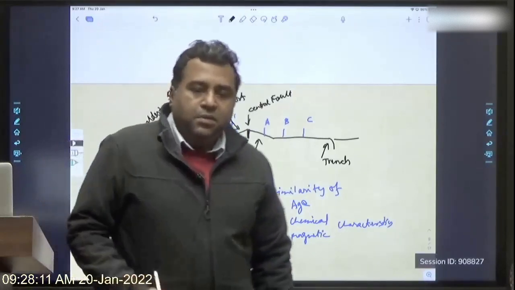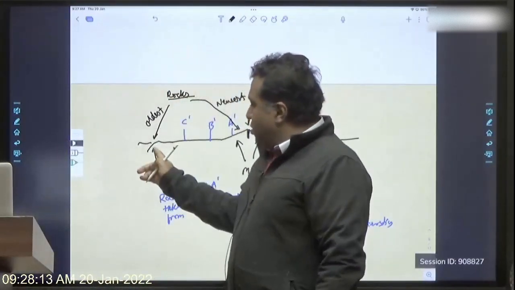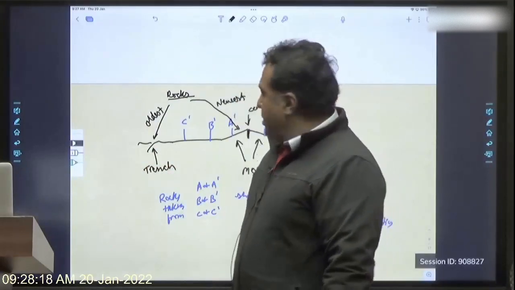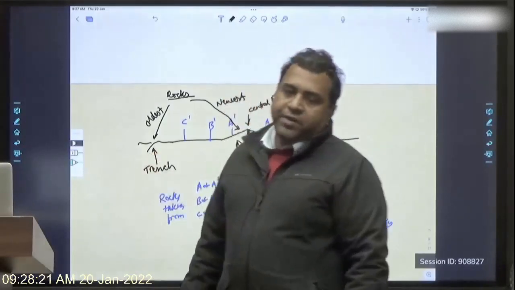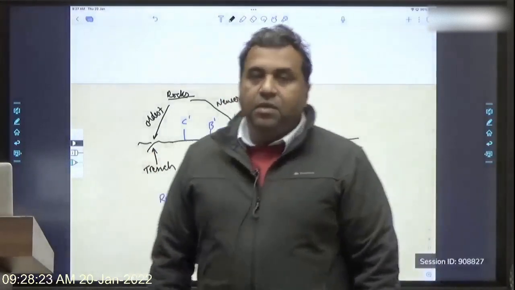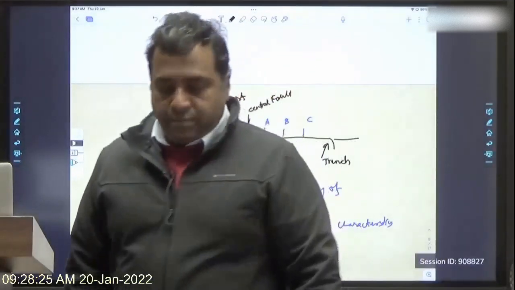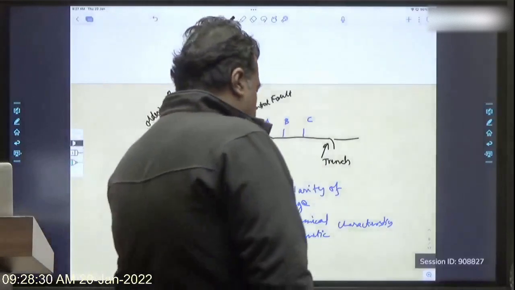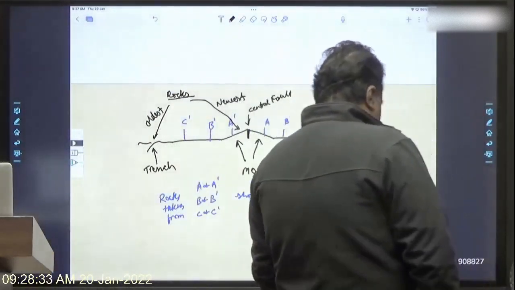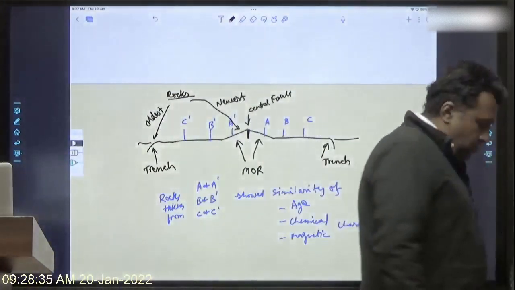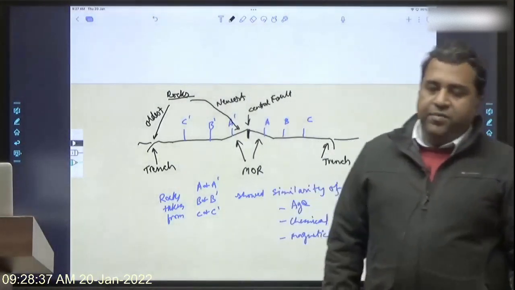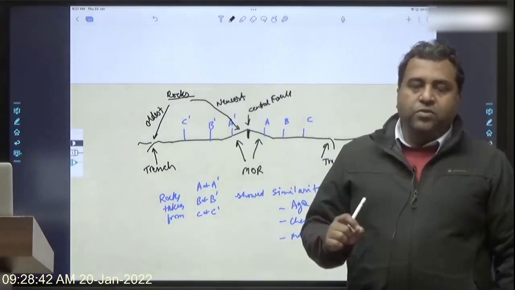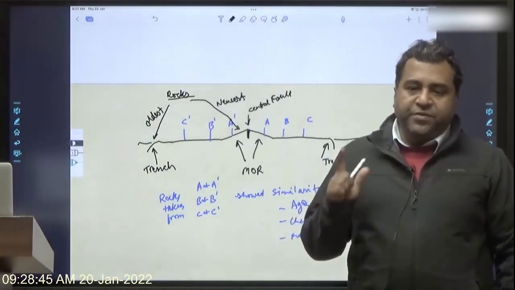Whereas we also found earthquakes along the trenches, but they were deep focused. When we say shallow focus, the focus is around 0 to 70 kilometers from the surface of the earth.